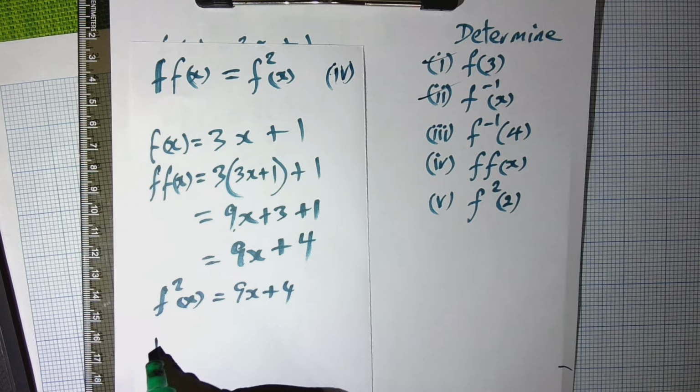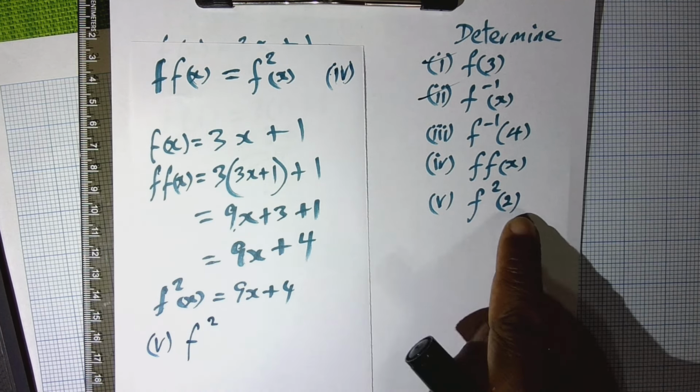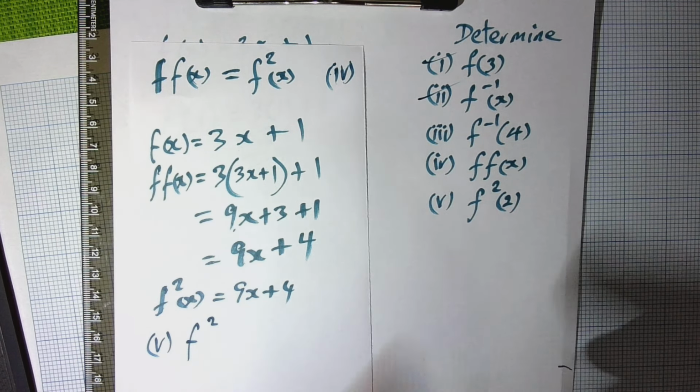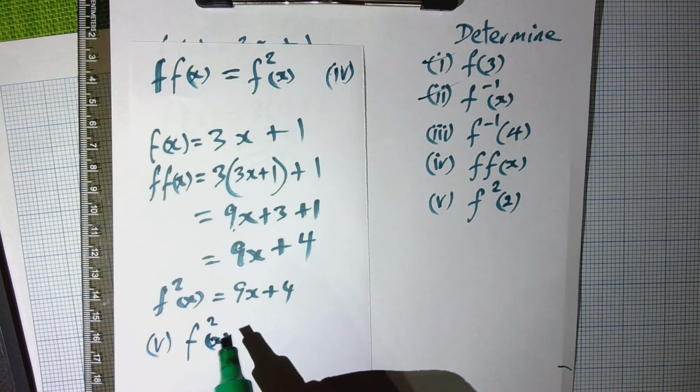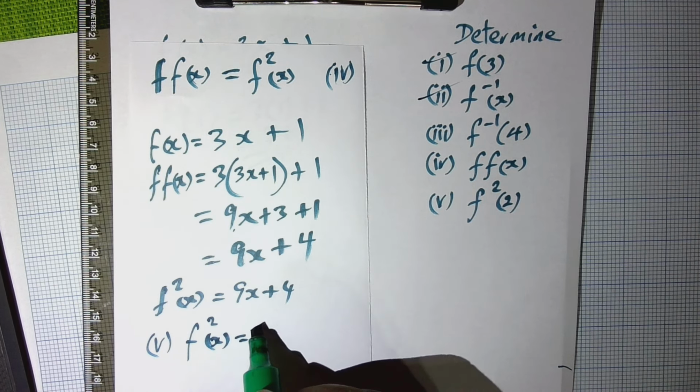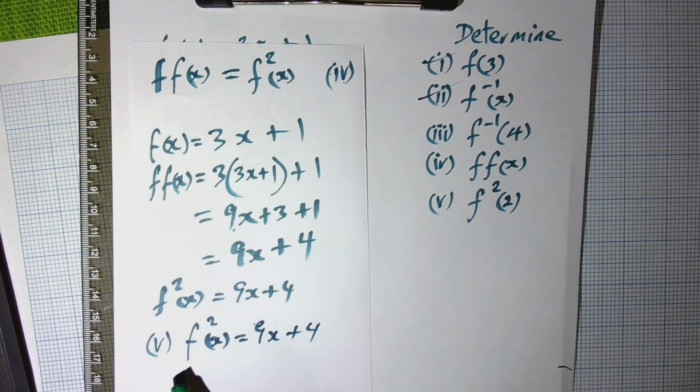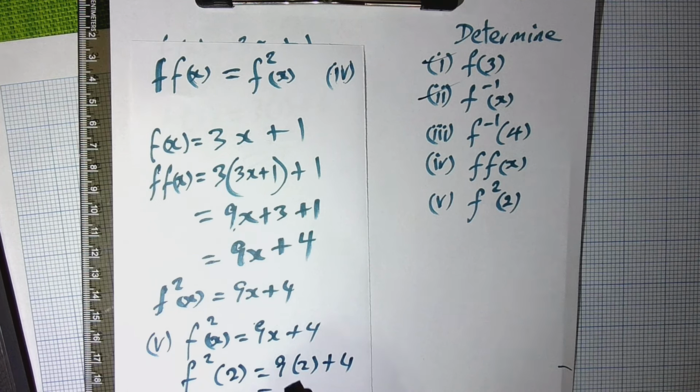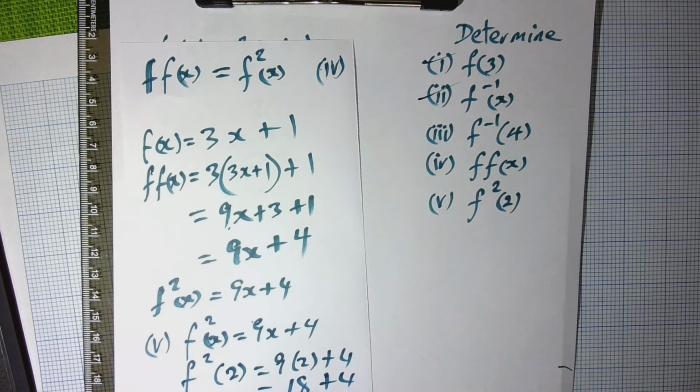And this one now is part 5. So we want to find f of f of 2, f squared of 2. But we know f squared of x is 9x plus 4. So we can replace the x with the input value of 2 and get what? 9 times 2 plus 4 is equal to, 9 times 2 gives us 18, plus 4, and this gives us 22. Okay, so you understand that.